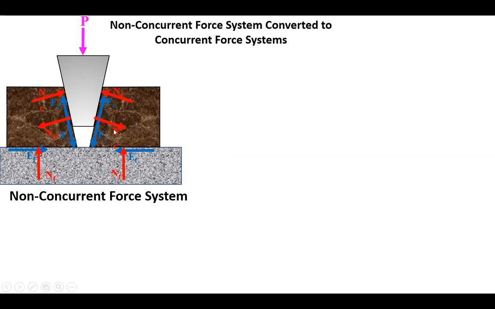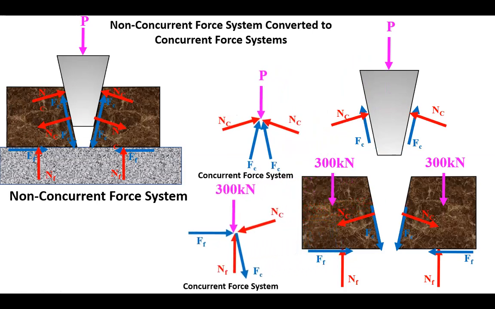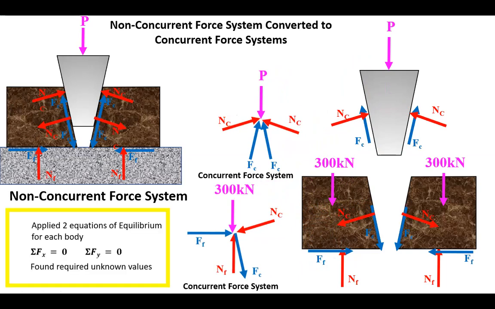What we did actually was consider them separately. We split them and drew free body diagrams separately. Then the system reduced to two or more concurrent force systems. If you have a concurrent force system, you can easily apply two equations of equilibrium, sigma Fx equal to 0 and sigma Fy equal to 0, and find whatever unknowns there are. This is what we did in the case of connected body problems.